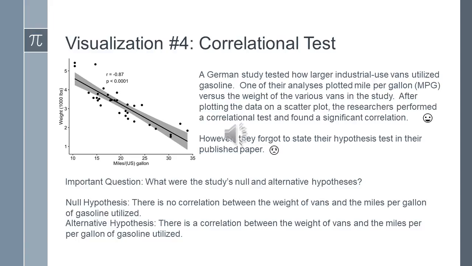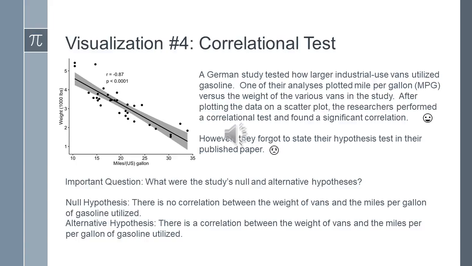In our visualization number 4, we are looking at correlational test. On the graph, the y-axis represents the weight per 1,000 pounds, while the x-axis represents the miles per US gallon. A German study tested how large industrial use vans utilize gasoline.